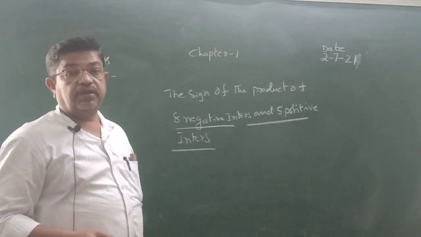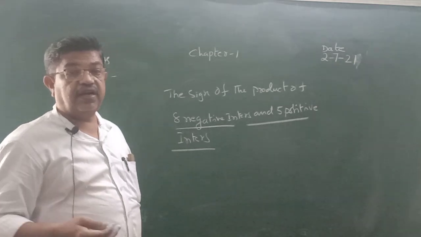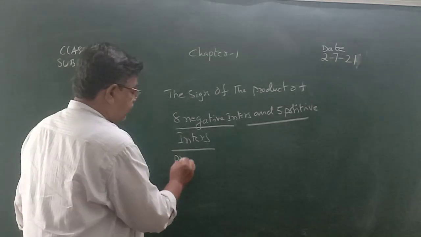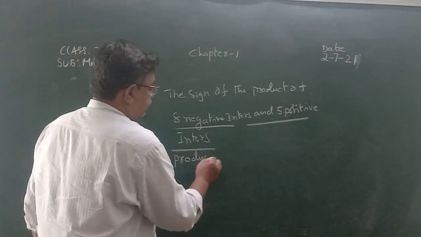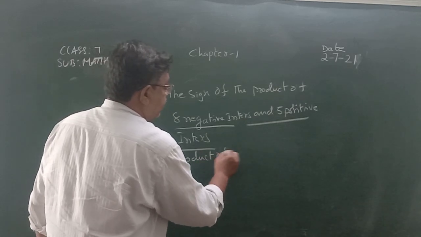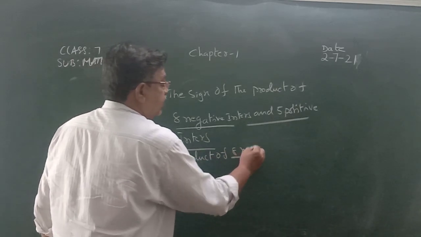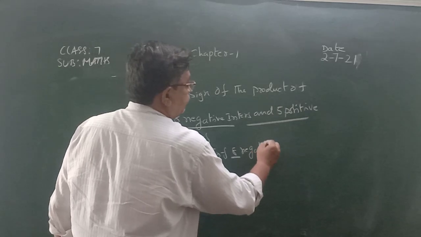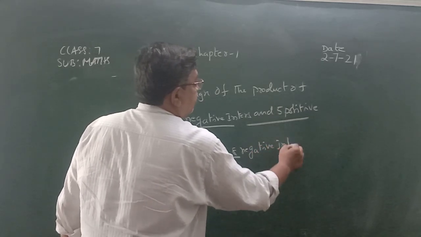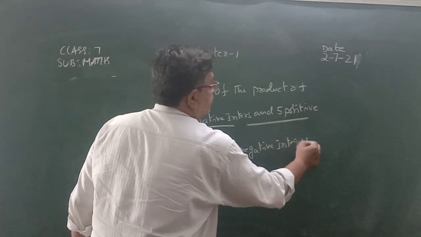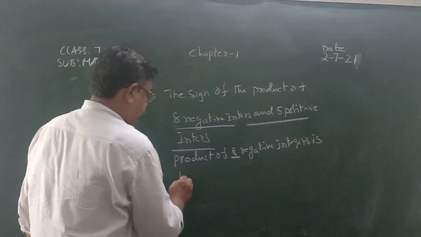What is the sign of the product? 8 is an even number, so the product of 8 negative integers is positive.